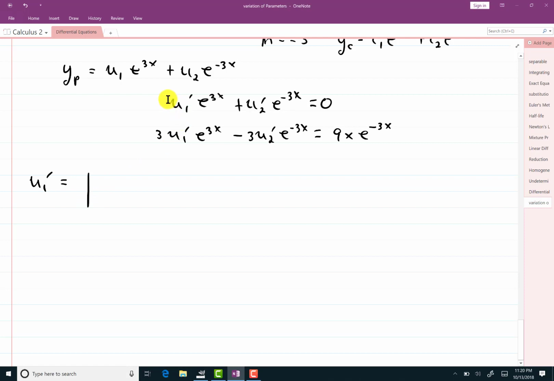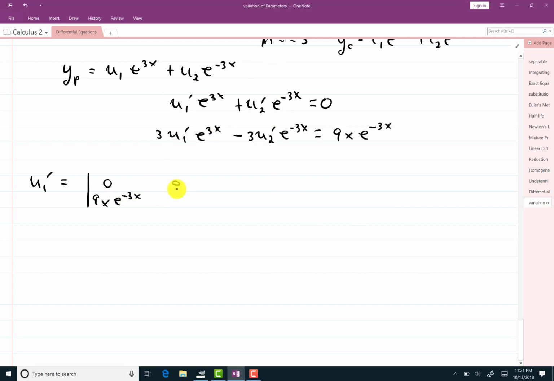So let's see what we have attached to u1 prime. I have e to the 3x. I want to replace the first column with the results. So we have 0, 9x e to the negative 3x, but leave the second column alone.